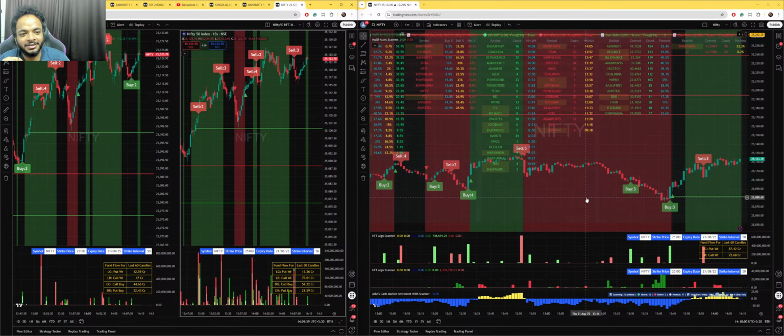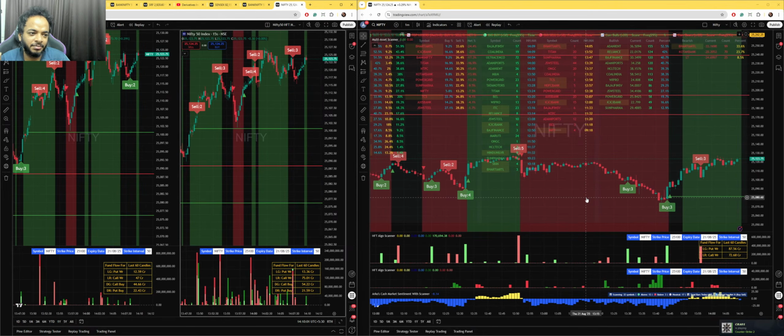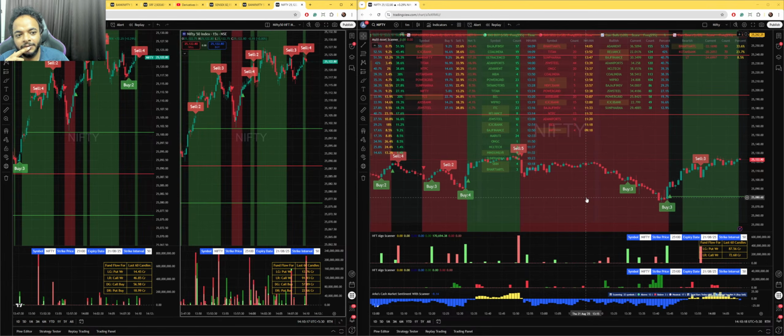But Dhan or any other algo platform, if you want to automate your trades from TradingView, you have to go through webhook URLs. The main problem is that you have to keep the strategy or whatever you want to push ready there.